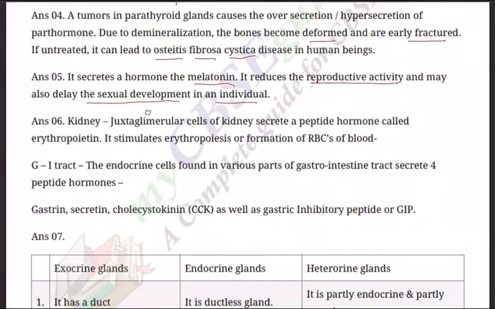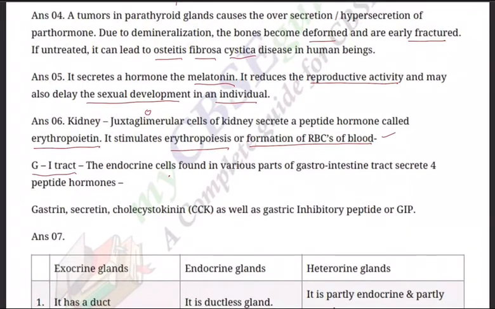Question 6: Kidney. The juxtaglomerular cells of the kidney secrete a peptide hormone called erythropoietin. It stimulates erythropoiesis, or the formation of RBC of the blood. Very important.